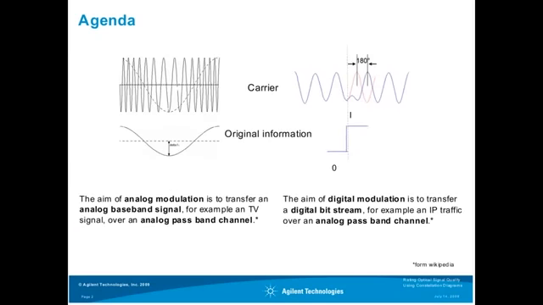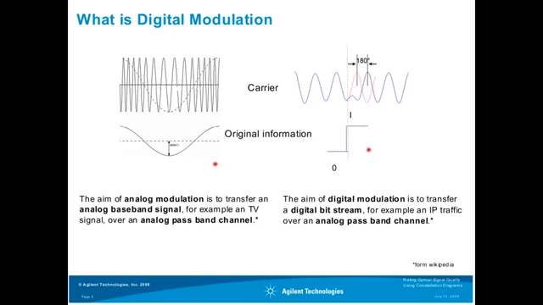So let's start with the very basic stuff. First, what is digital modulation? On the left side, you see a very basic example of a frequency modulated signal. You see below the original information, which is by nature analog, and therefore the modulated signal is also continuous, meaning analog.